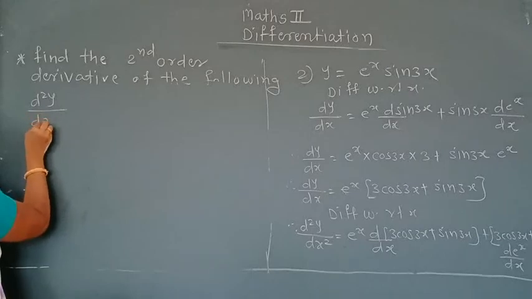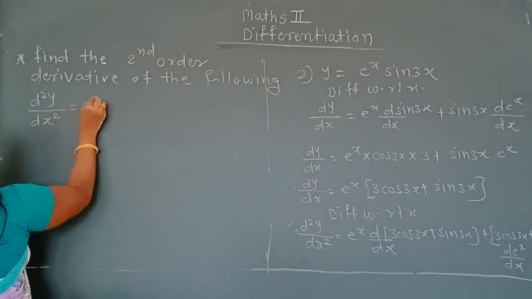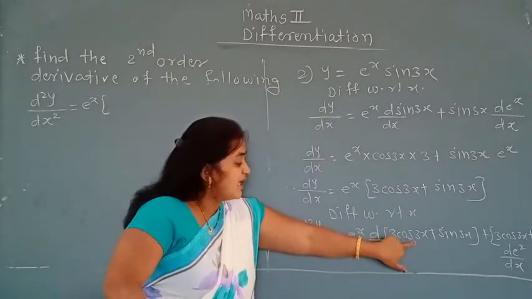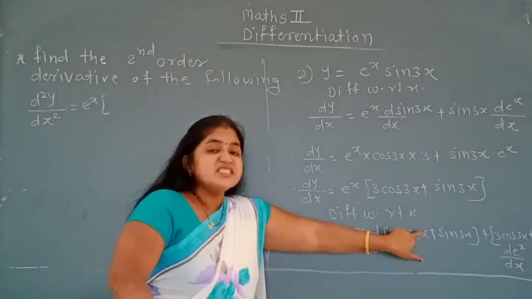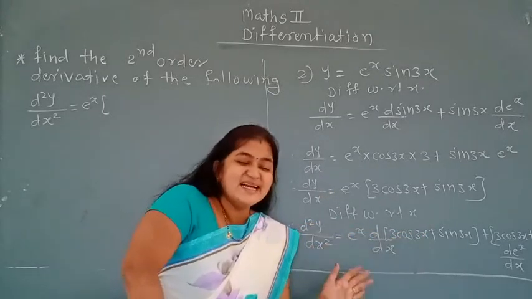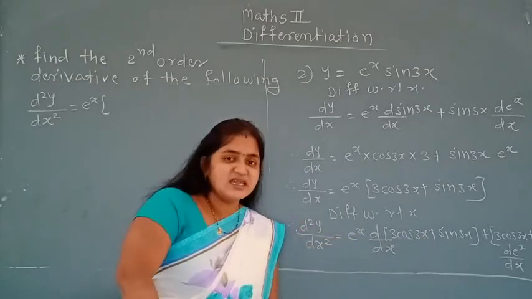d square of y divided by dx square is equal to e raised to x as it is. In here 3 is a constant. Derivative of cos 3x, which is a composite function. So cos 3x derivative is minus sine 3x and again a derivative of 3x which is 3.